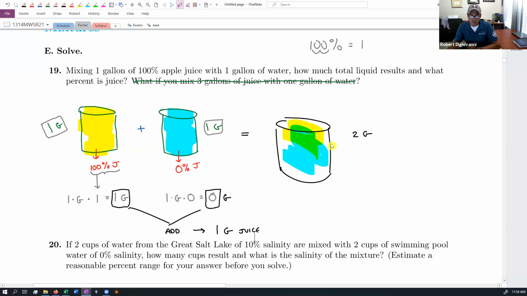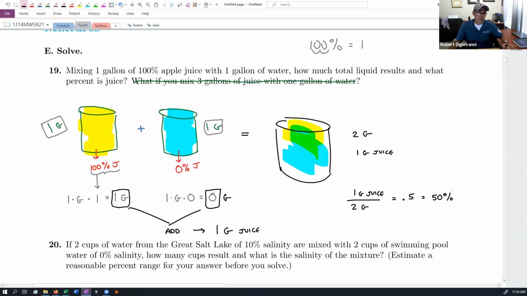So when you look back over here on this side, when we mix them, there's 2 gallons total, but there's 1 gallon of juice in here. So to figure out the percentage of juice, you do a ratio. 1 gallon of juice divided by the 2 gallon mixture. 1 divided by 2 is 0.5, and written as a percentage, that's 50%.